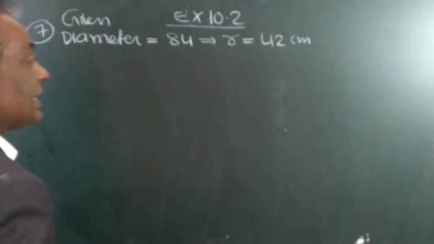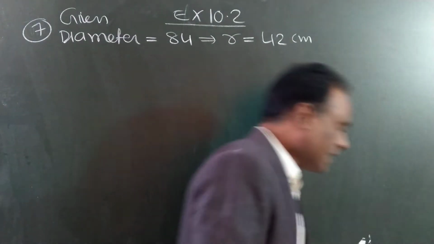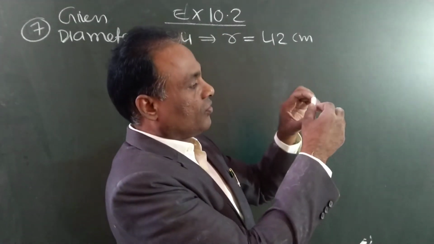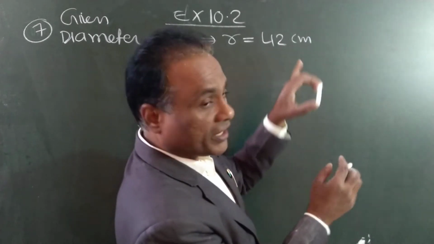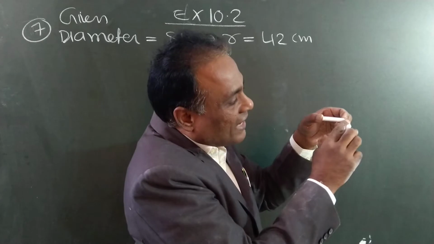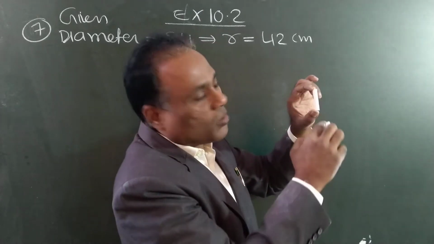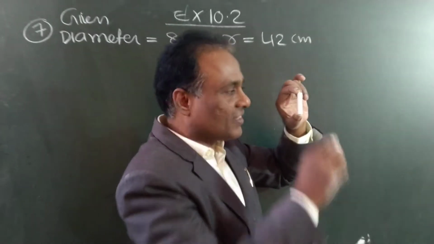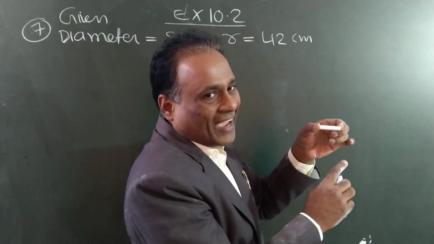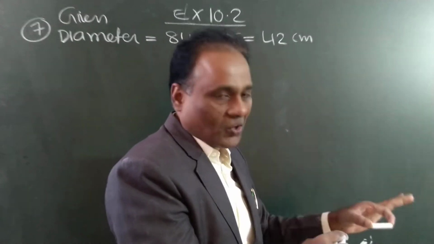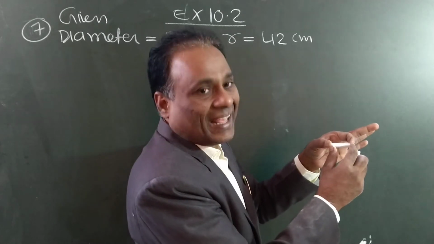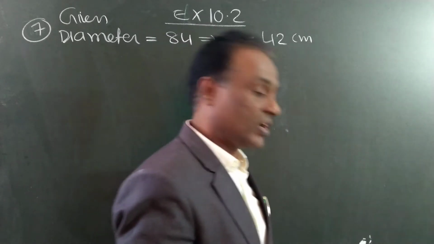Length is 120. So I explained yesterday, when the cylinder is standing like this, this is the radius of the base, 42, and this is the height. But if the cylinder is lying like this, on the floor, horizontal, then we don't call it height, we call it length.